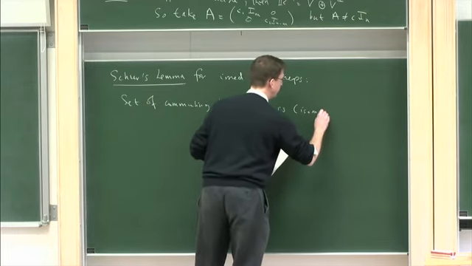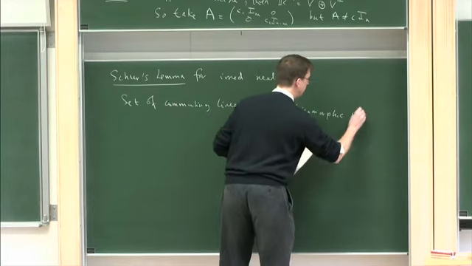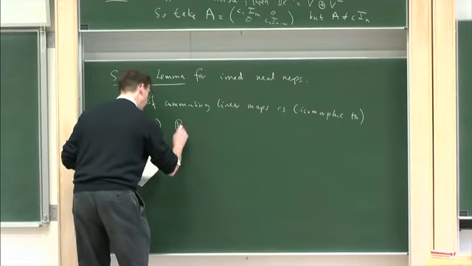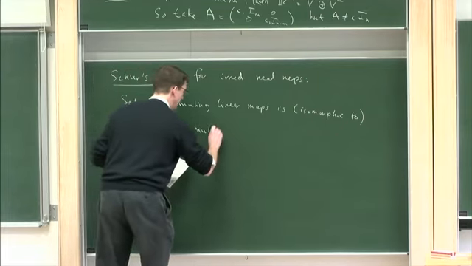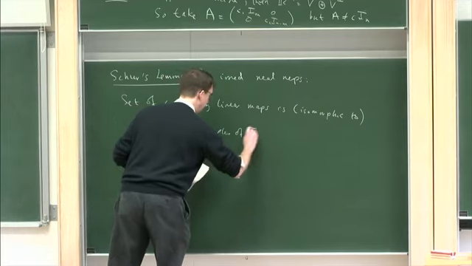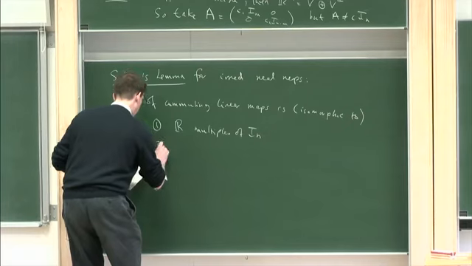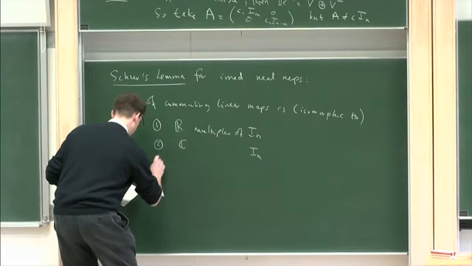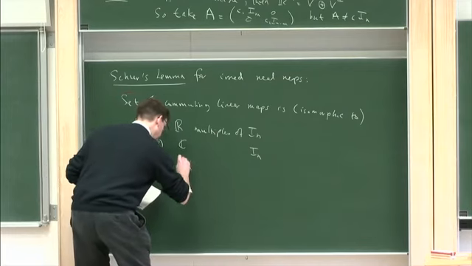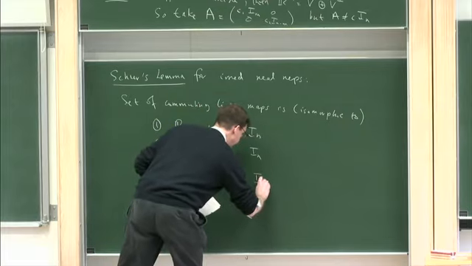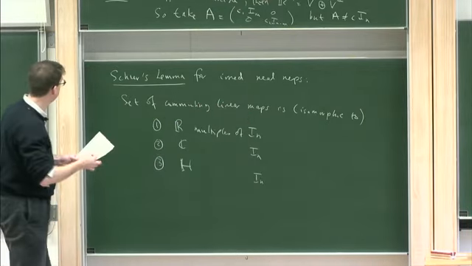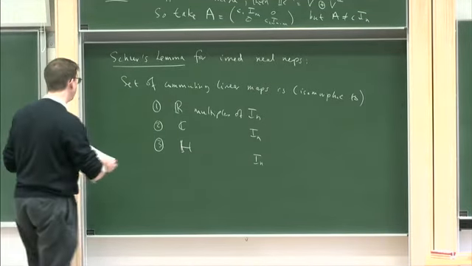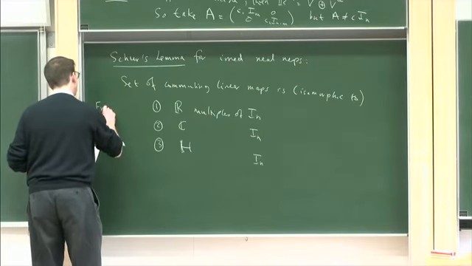So in the right coordinates it's either real multiples of the identity matrix, or it's complex multiples of the identity matrix, or it's quaternionic multiples of the identity matrix. Okay? This is a result in algebra. This is Frobenius theorem.